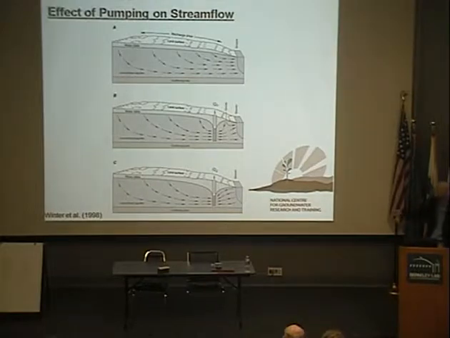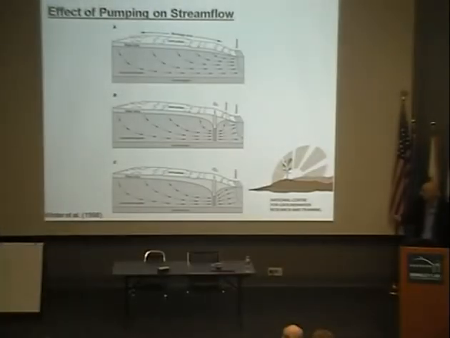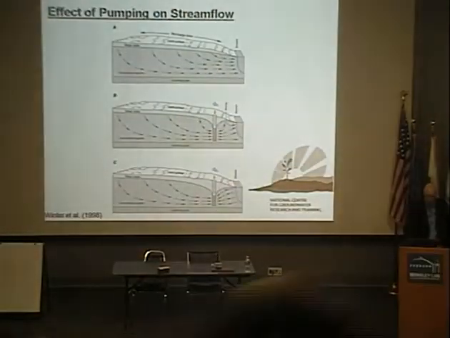The bottom diagram C shows a stream where it's either pumping at a greater rate perhaps, or it's been pumping for a longer period of time, and the bore is now actually capturing stream water. So it's turned what was a gaining stream into what's now a losing stream. And this is a pretty fundamental schematic cartoon for the impact of groundwater pumping near streams on surface water resources.